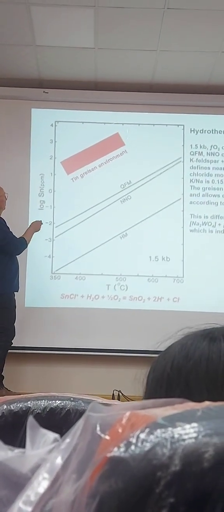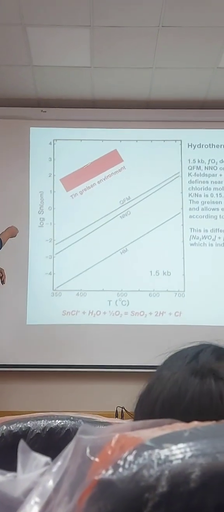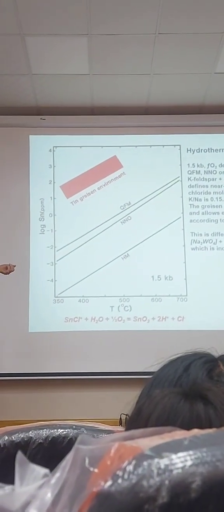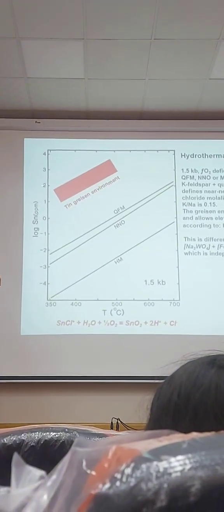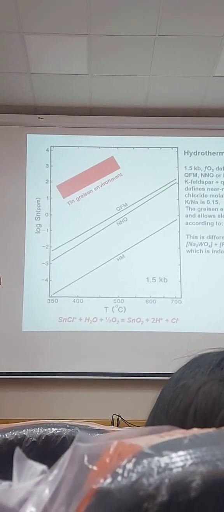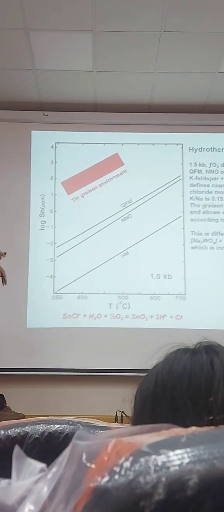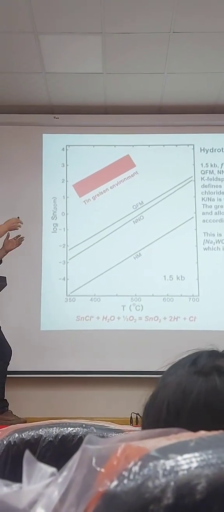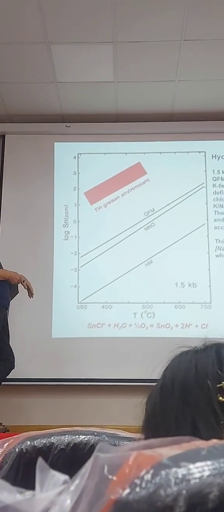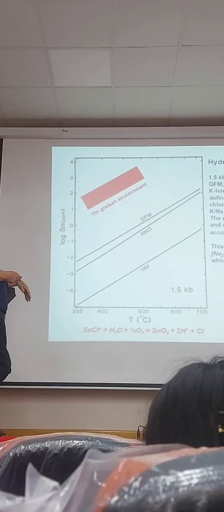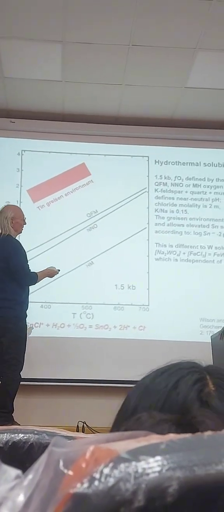And this is why I put this reddish field here. This is a tin-greisen environment. This is an environment of very acid fluids. And in such an environment, we can expect 100, even 1000 ppm in solution. And on neutralization, of course, the solubility drops. And this actually is different from tungsten solubility.